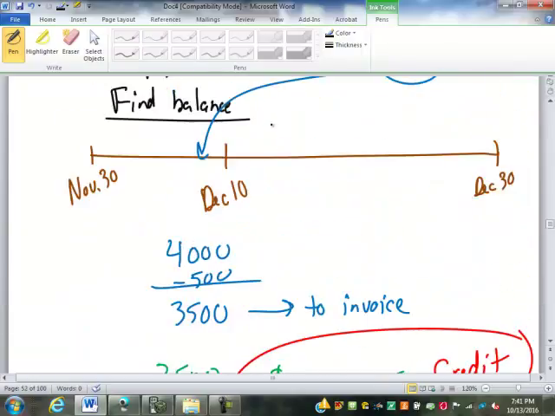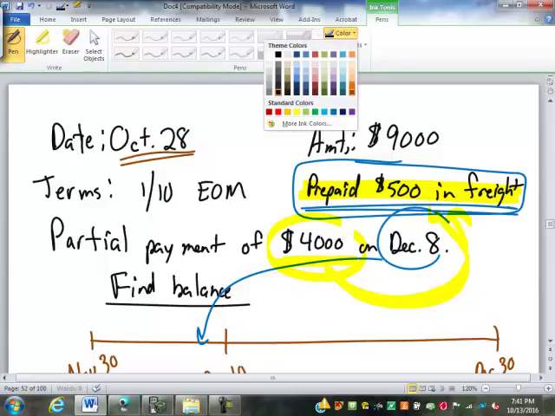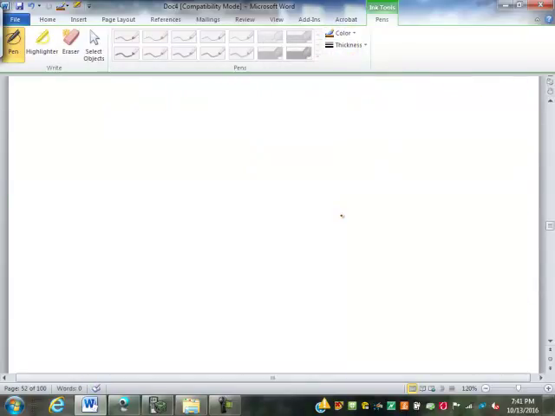Well, you are getting reimbursed. This is the reimbursement. The seller prepaid the freight. So when the buyer makes a payment, the first thing that happens is that freight is reimbursed. So out of that $4,000, the first $500 goes towards the freight. Does that make sense? There's two things about freight that you need to know. Freight, this is when the buyer is paying.